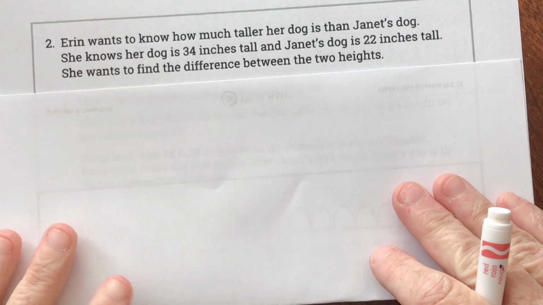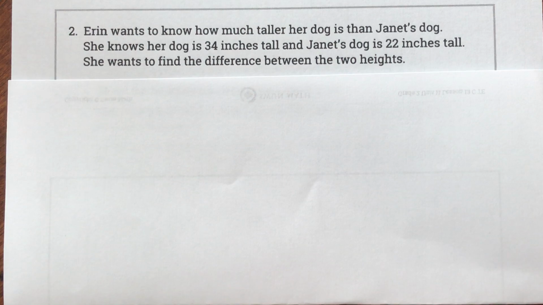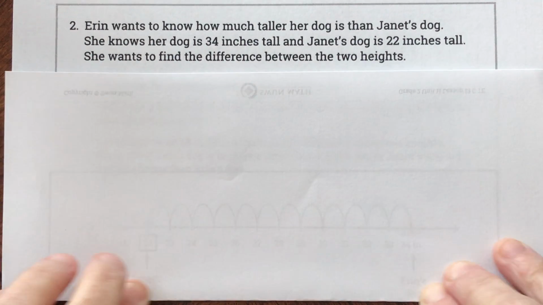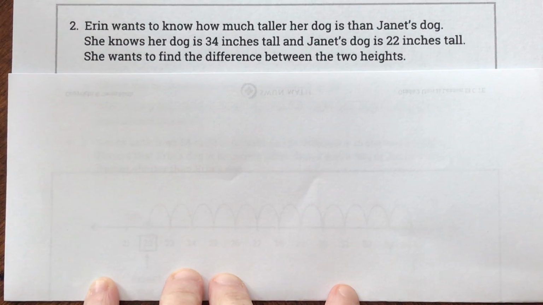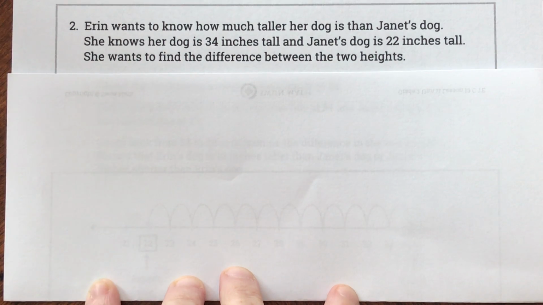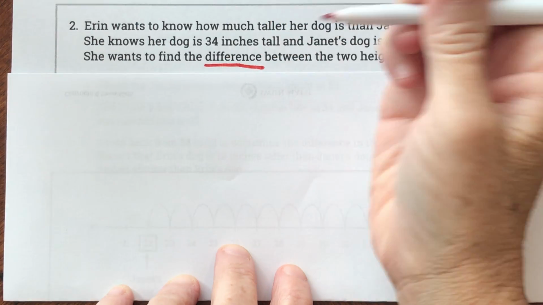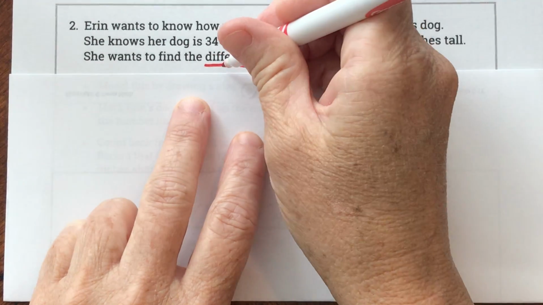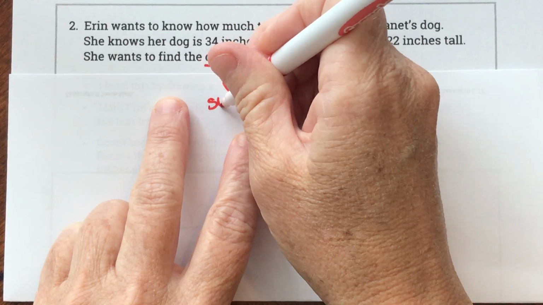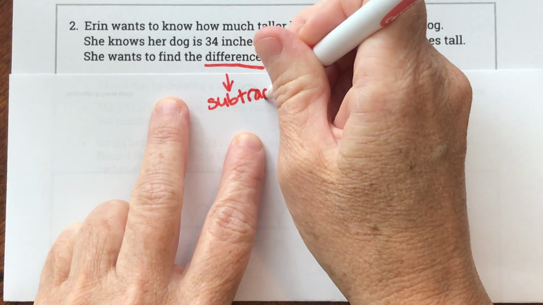looks like this. It says, Erin wants to know how much taller her dog is than Janet's dog. She knows her dog is 34 inches tall and Janet's dog is 22 inches tall. She wants to find the difference between the two heights. So difference tells me we're going to subtract.